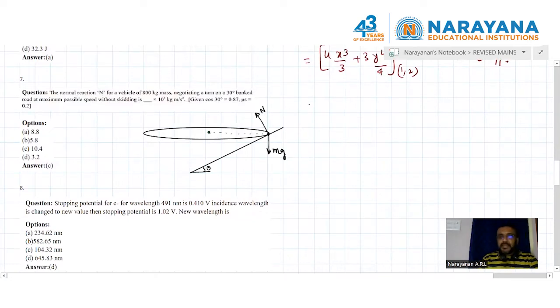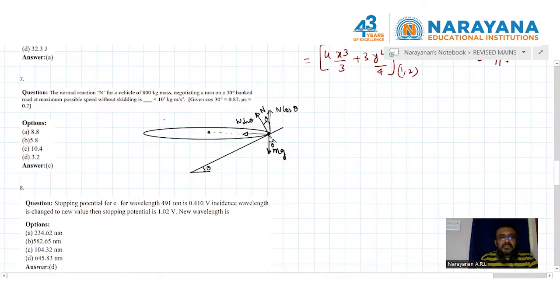If you take a banked road without any friction, what is going to provide the necessary centripetal force here? The angle is theta, this also will be theta. So this will be N cos theta, and this will be N sin theta.